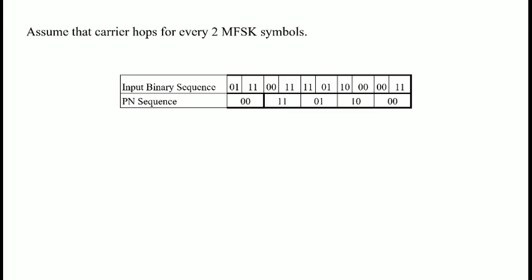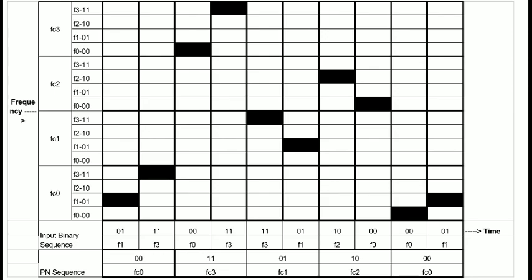This will be our x-axis or time axis. Write down the input binary sequence and PN sequence on the x-axis, and for the input binary sequence name the bits 0 0 as F0, 0 1 as F1, 1 0 as F2, and 1 1 as F3.